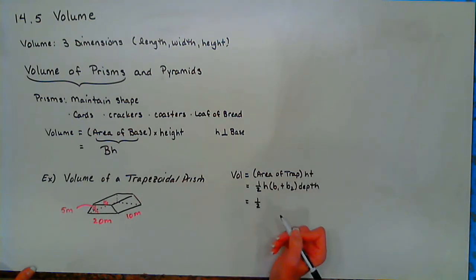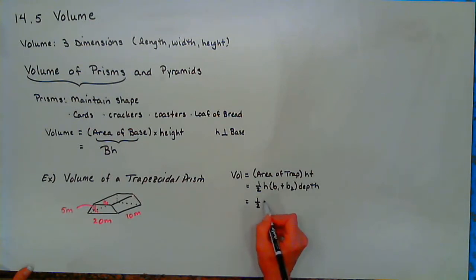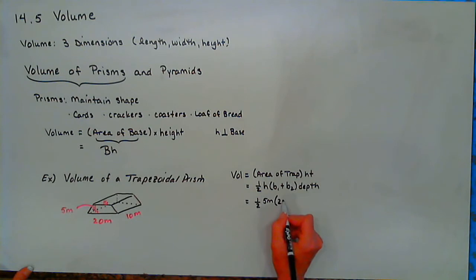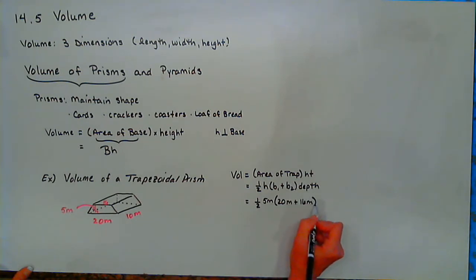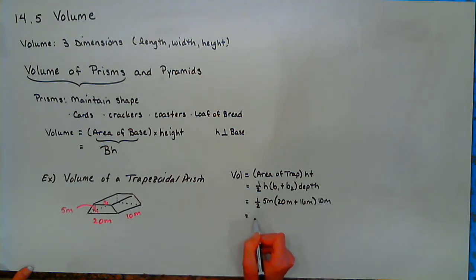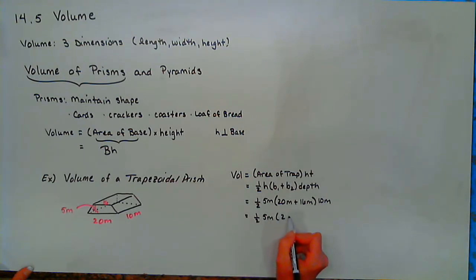And the rest is substitution. The height of our trapezoid is 5 meters. The 2 bases, the 2 parallel sides, are 20 meters and 16 meters. And the depth is 10 meters. So 20 and 16 is 36 meters, times 10 meters.